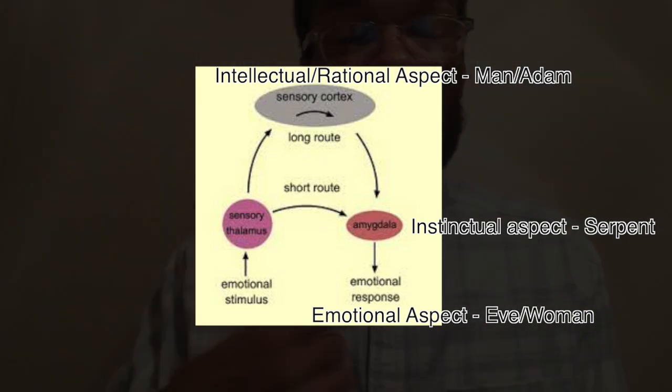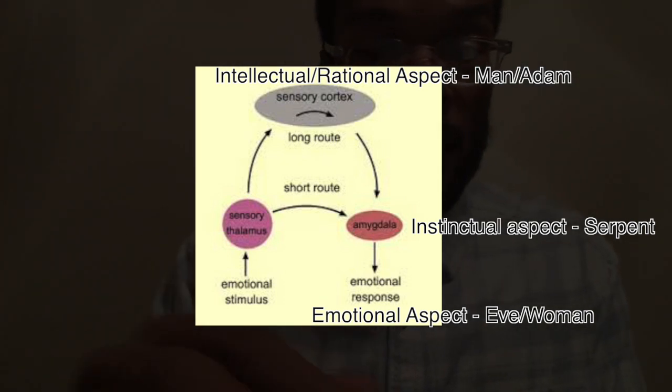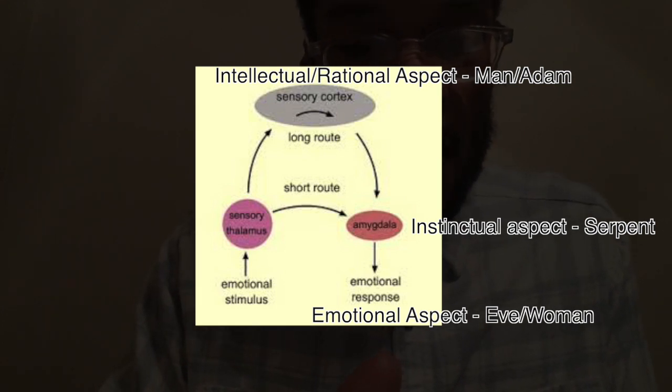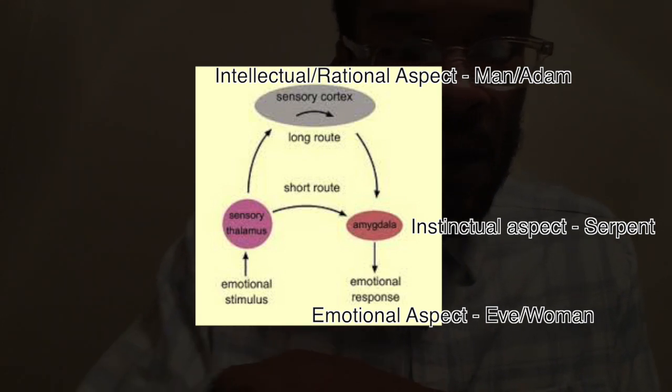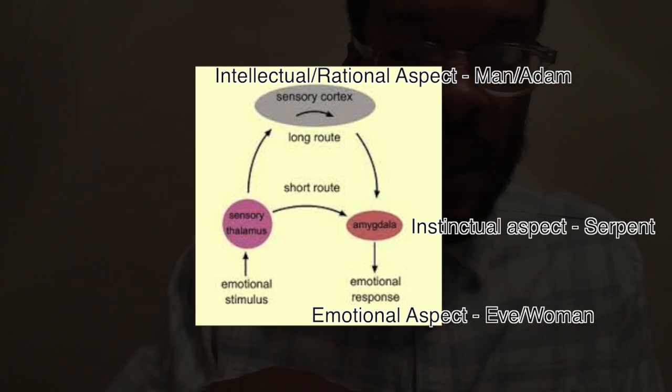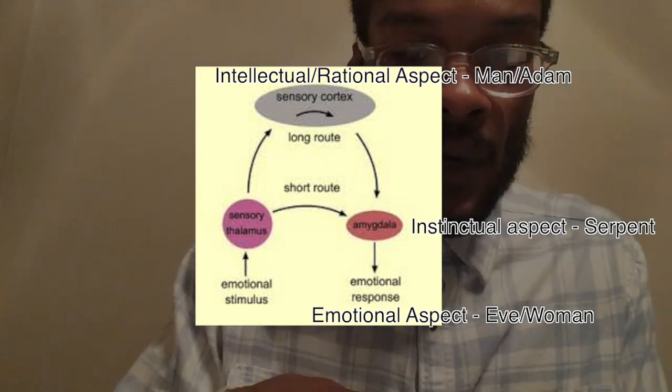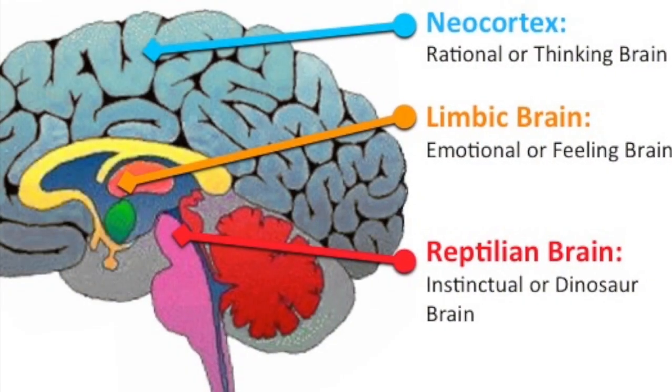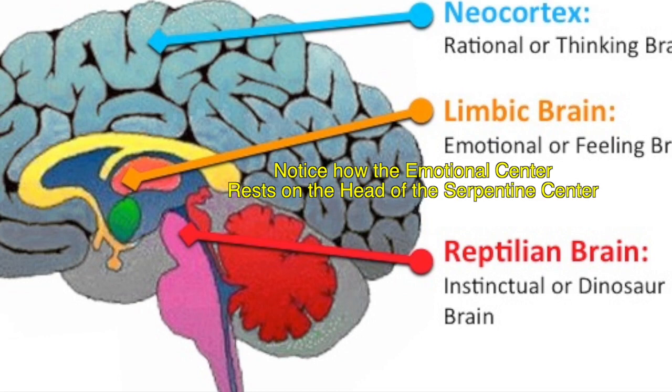So it affects cognition and emotion. The mammalian brain or the limbic system is layered over or sitting on top of the serpent brain as well. And this could be the veiled reference in scriptures to the bruising of the heel of the woman's seed, the mammalian brain, and the head of the serpent.